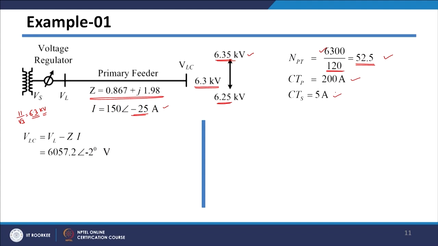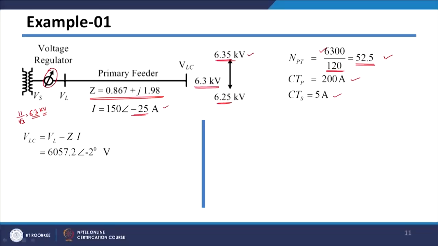Now, to get the tap position, what I need to calculate is, if the regulator is on the normal tap position, or if the regulator is not there at all, how much voltage I am getting at the secondary. Means if this regulator is not here, I should know how much voltage I am getting here. Then only I will be able to calculate the tap position of this regulator.